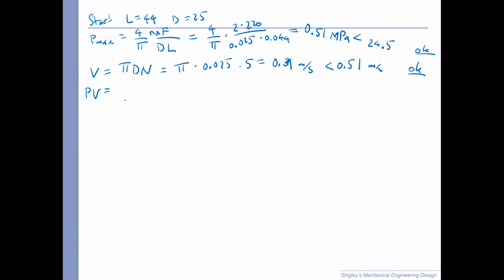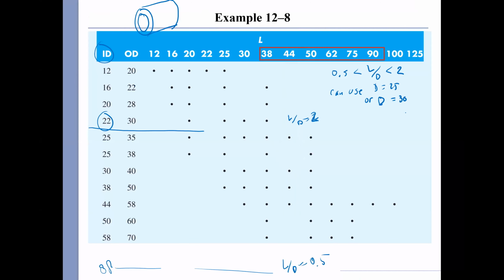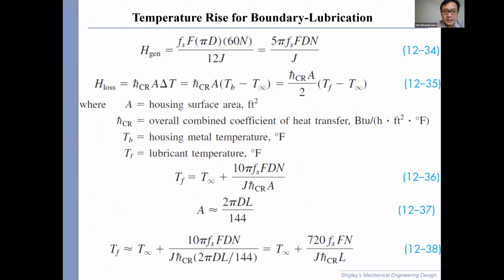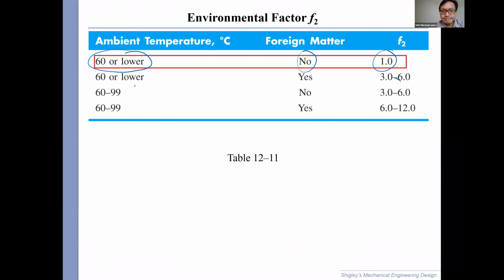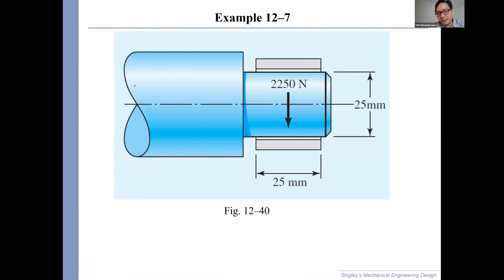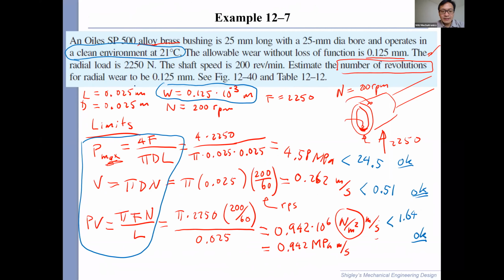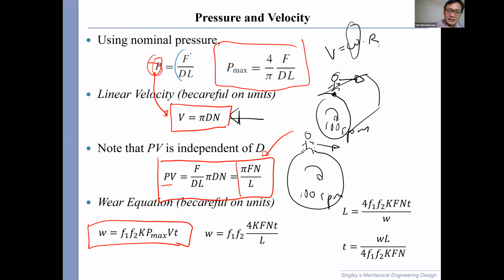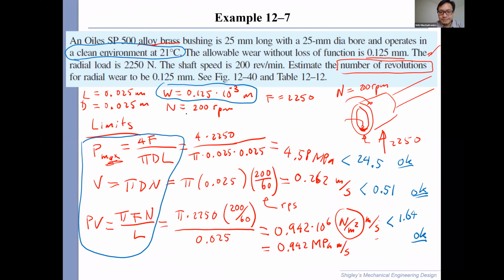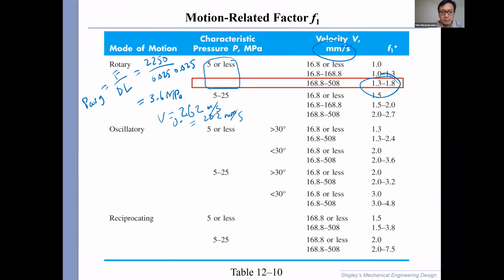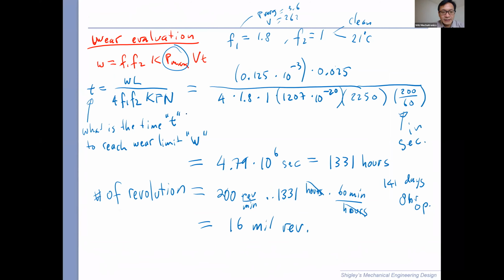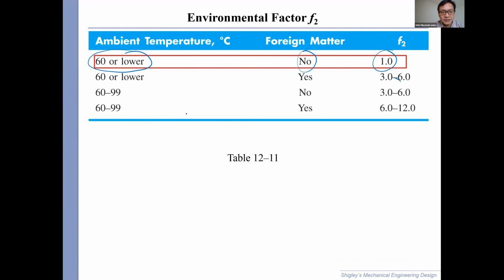Earlier, in PV there was no D, Pak. Yes, but that's because of this. There are two ways of calculating PV, right? We can do this, pi Fn over L, or take this and multiply it by this, which cancels. In my notes, I did it differently.